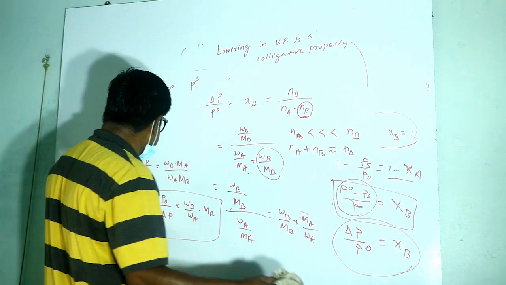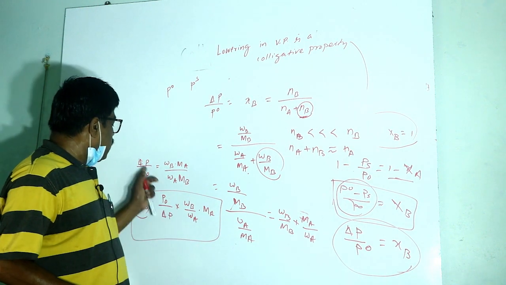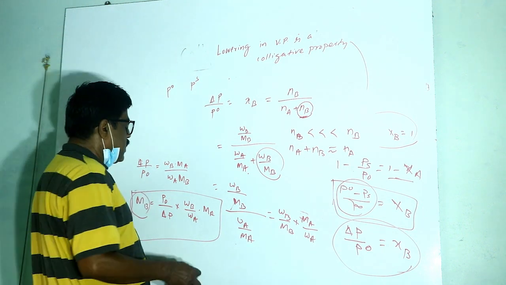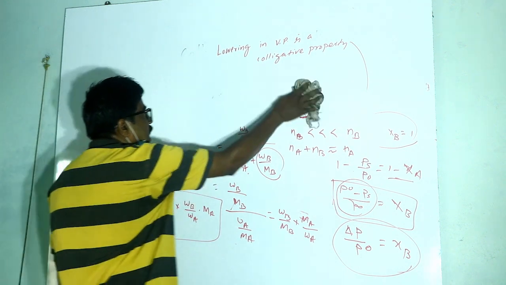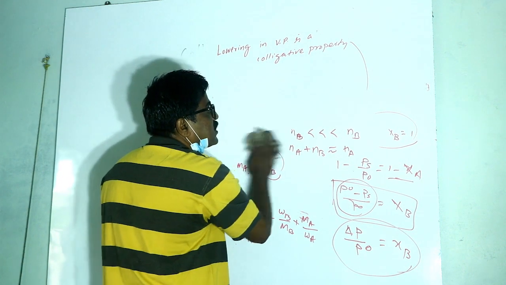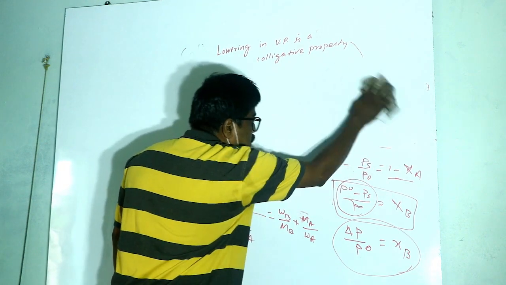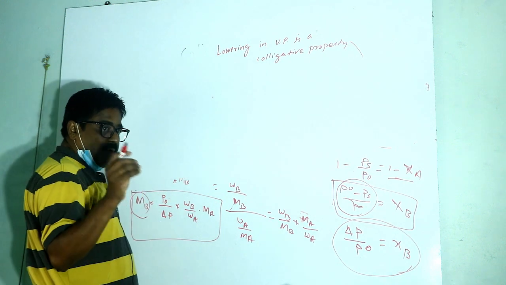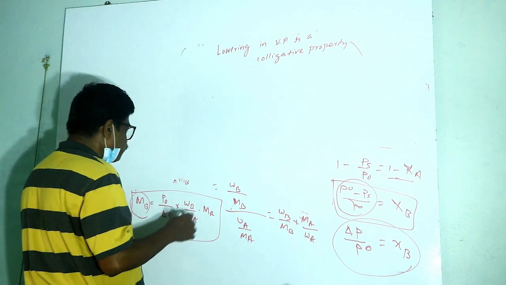And this lowering of vapor pressure can also be related to the molality of the solution, and that can be calculated as given below. Now I will relate the vapor pressure relation with the molality of the solution. How to relate that? And from that we can calculate some problems based on that molecular mass.